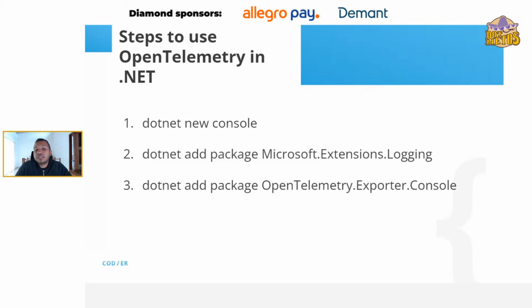Normally this is included in the framework, but the idea is to use the latest version, because OpenTelemetry is a new library and we need to make sure that we are using the latest version. And finally, we can add the package OpenTelemetry.Exporter.Console. This is enough in order to start using it, something pretty basic, something pretty general in a console project. So we only need these three steps.